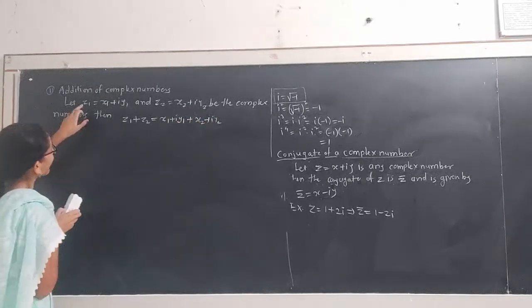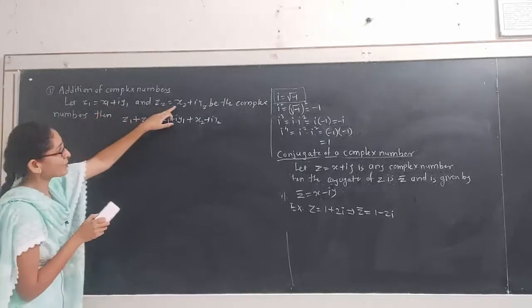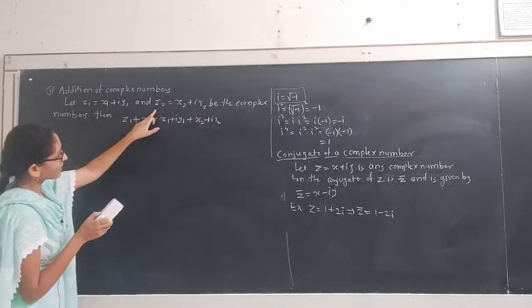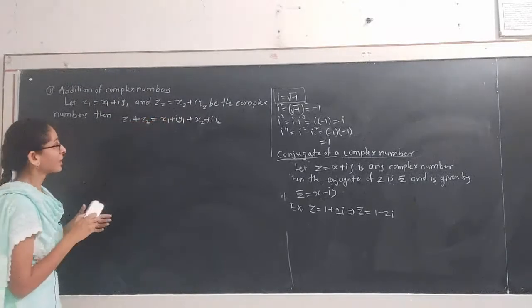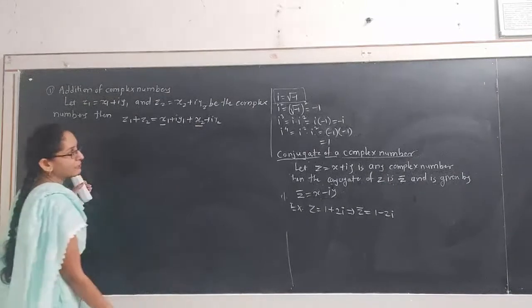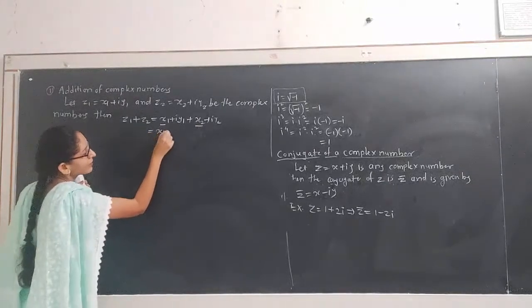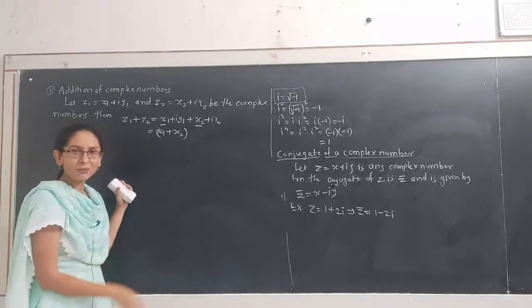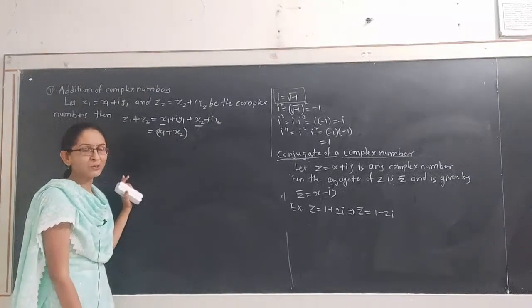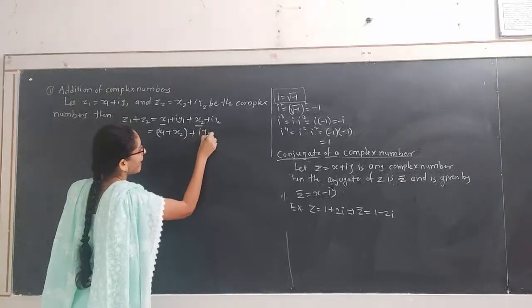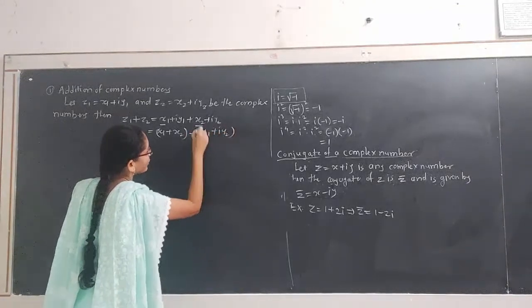We have the real part of z1 is x1, the real part of z2 is x2, the imaginary part of z1 is y1, the imaginary part of z2 is y2. We add the real part of z1 to the real part of z2, x1 plus x2, and then we add the imaginary parts, iy1 plus iy2.